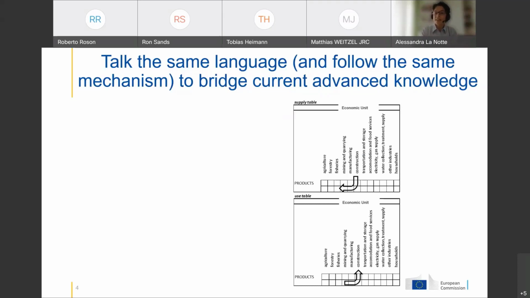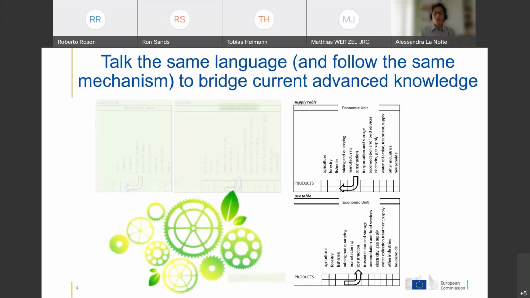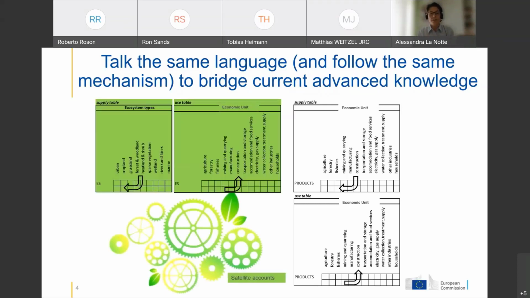We have data from some economic units that provide flows of products to other economic units. Basically, the rules of the mechanism are production, consumption, accumulation. What is done in this integrated system is to apply the same rules also to satellite accounts, represented by ecosystem types.